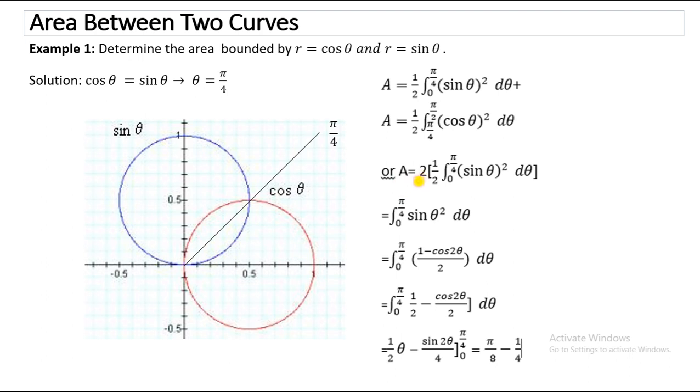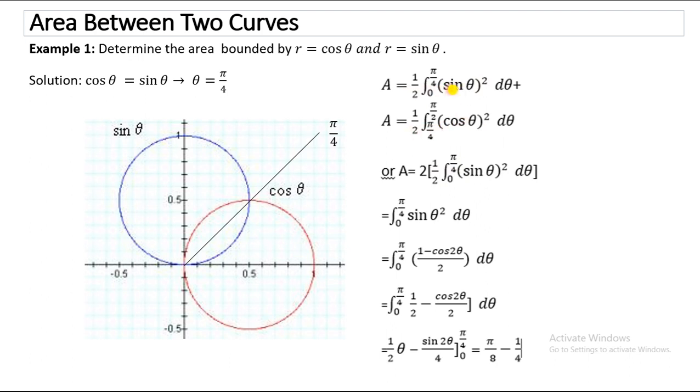Area equals 2 multiplied by half integration from 0 until pi over 4 of sine squared theta d theta. Then I want to find this area and multiply by 2, because this area and this area are equal.